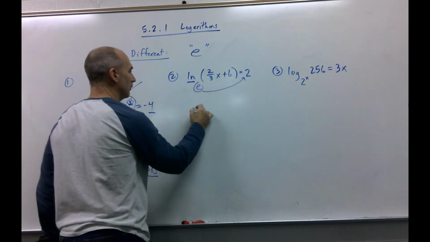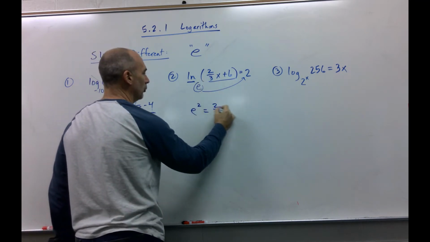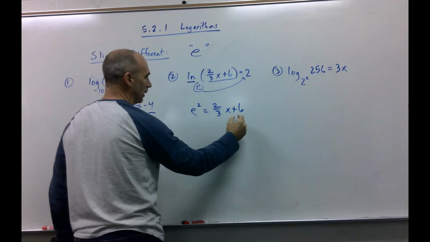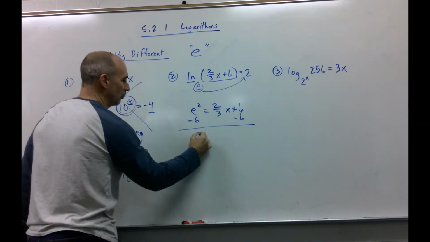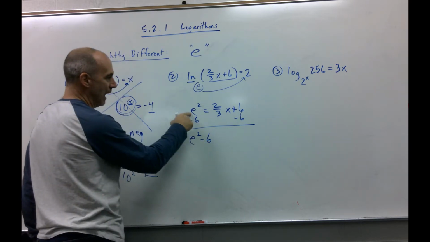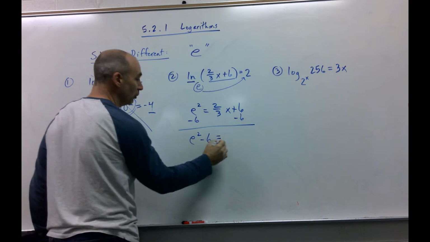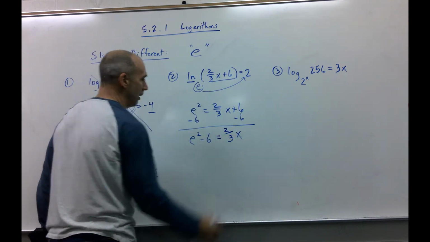Follow the program. E squared equals, that's all in my answer, 2/3 x plus 6. I know it's weird looking, but we're solving for x. So we get e squared minus 6. No, you do not need to go in your calculator, 2.71, square it. You could, but that's not what they really want from us right now. 2/3 x.